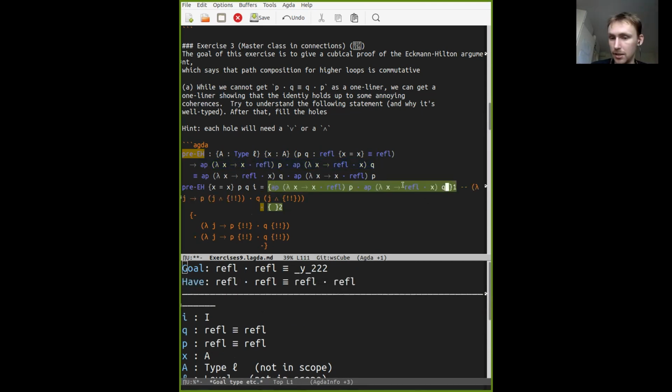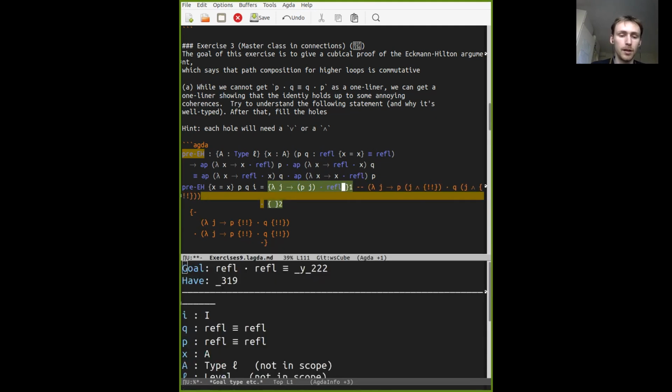so what I've done here is I'm actually only working with this guy, right? Sorry. I've spelled this out as just lambda j to p j composed with refl. And this is a path from refl composed with refl to refl composed with refl in this case, but we can change that endpoint.